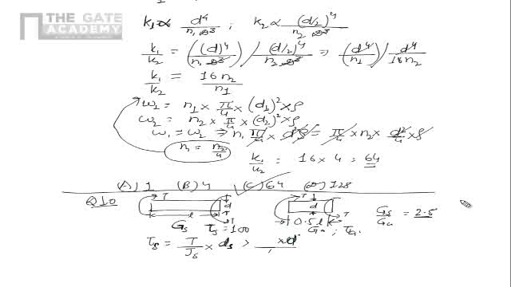So this equation becomes tau s is 16 T upon pi d cube. That's the value of tau in that.